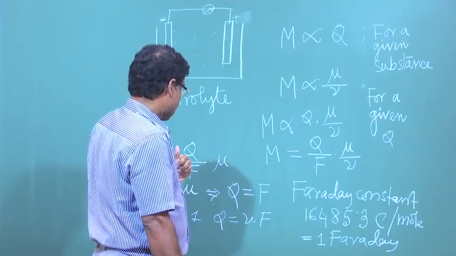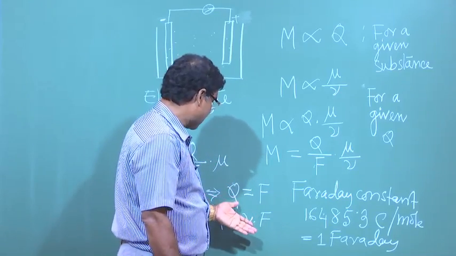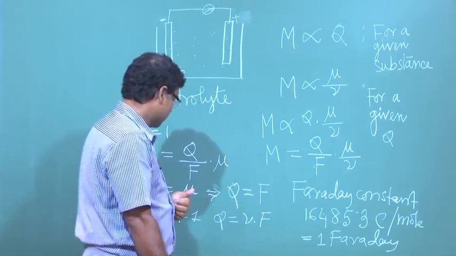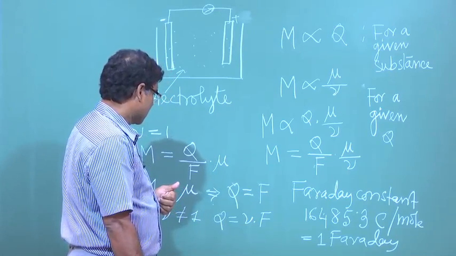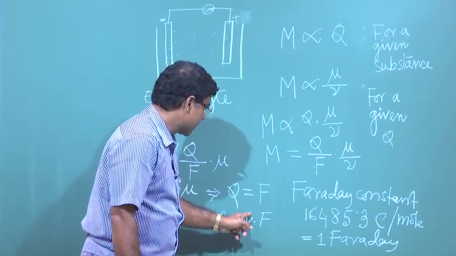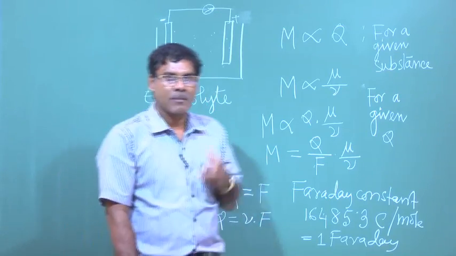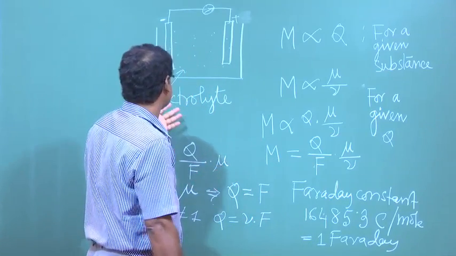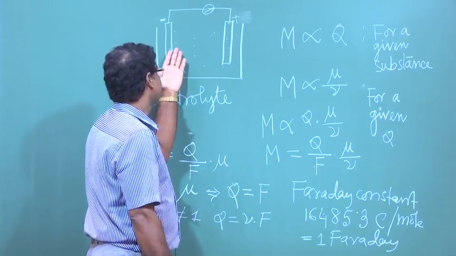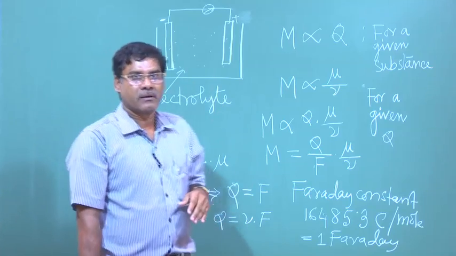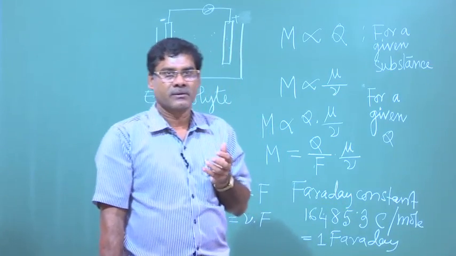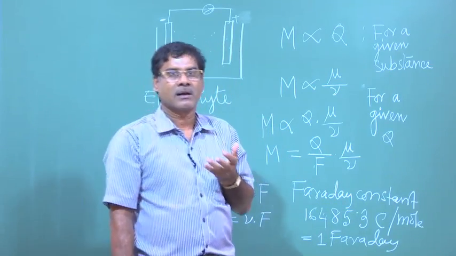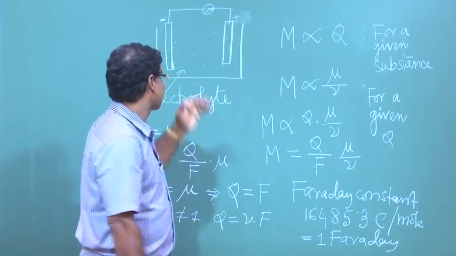Okay. So, if the valency is higher, say 2, then you need 2F amount of electric charge to get 1 gram mole of substance deposited on the electrode.